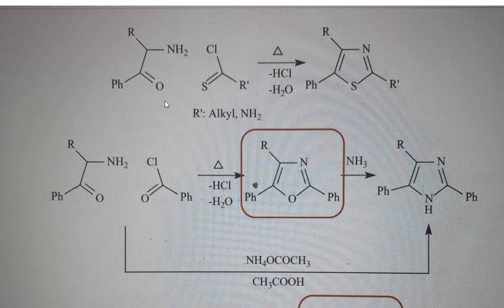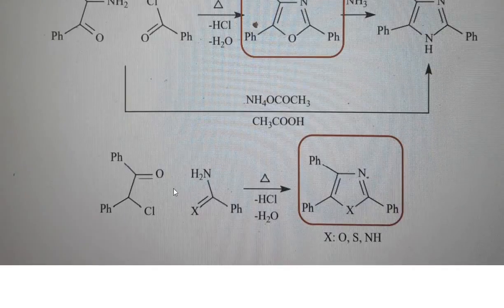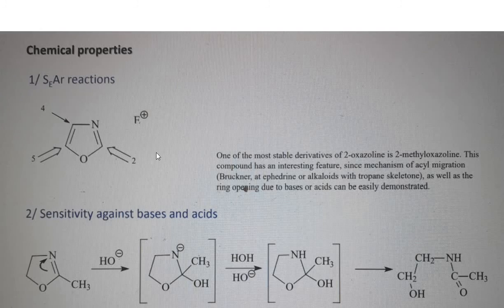So how will you synthesize the ring? Starting with these two compounds, you are getting this. Starting from these two compounds, you are getting this. Again, you can change this oxygen with ammonia, and this is your reaction scheme. Write it down. We will discuss it in class also.